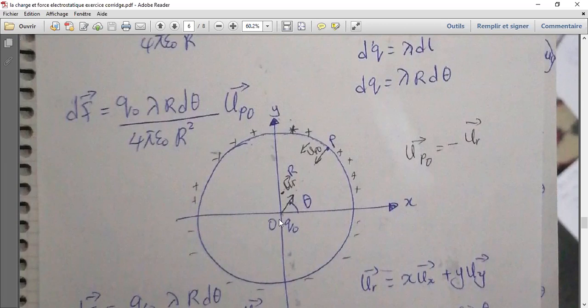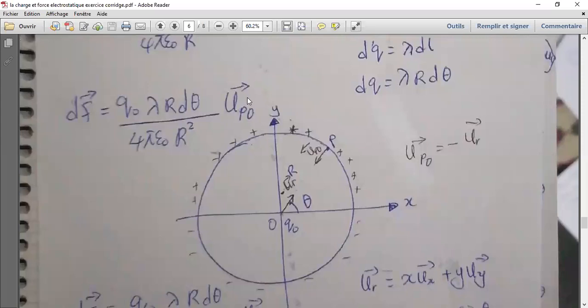So you see here that you are moving from P to O, meaning the vector goes from this charge on P going to O. That's why I've written UPO.